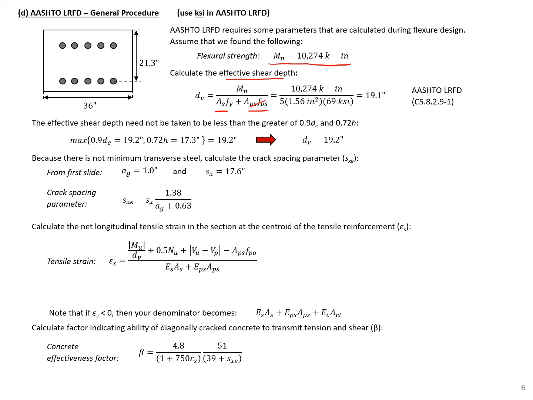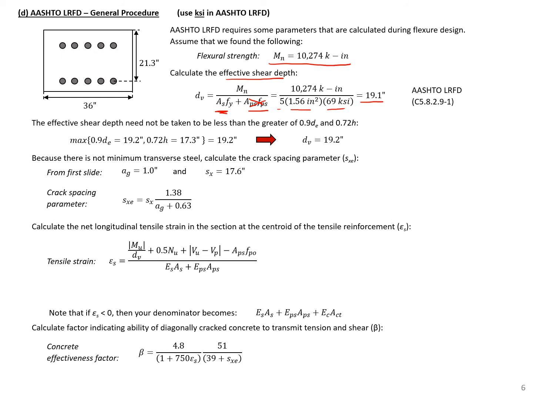We don't have any prestressed steel component, so all we have is our non-prestressed steel. So we have 5 number 11 bars with a yield strength of 69 ksi. Our MN, we'll say that we found before for this section, is equal to 10,274 kip inches. So we can find our DV equal to 19.1 inches.